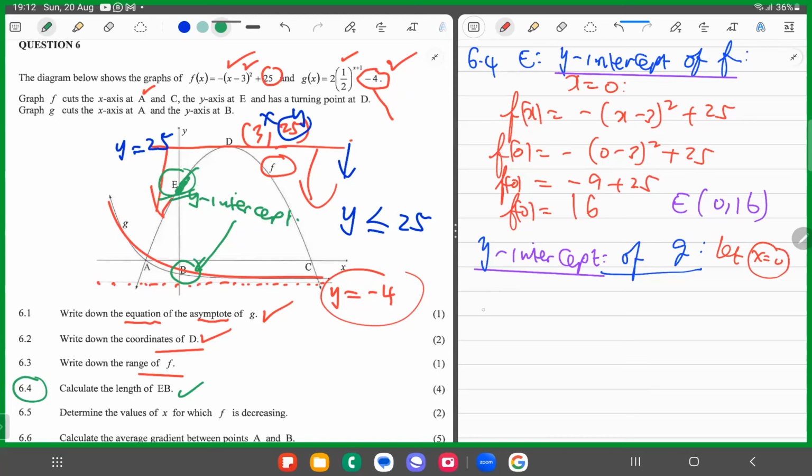So now you consider the function g, the exponential function.